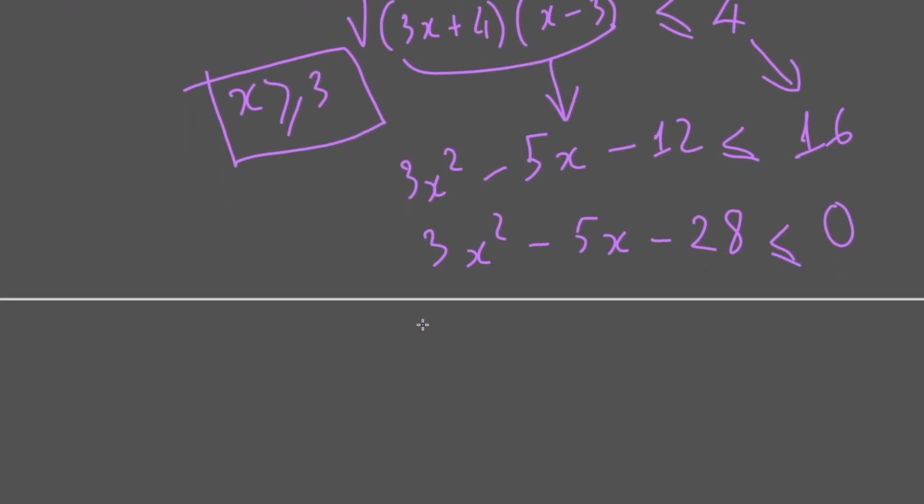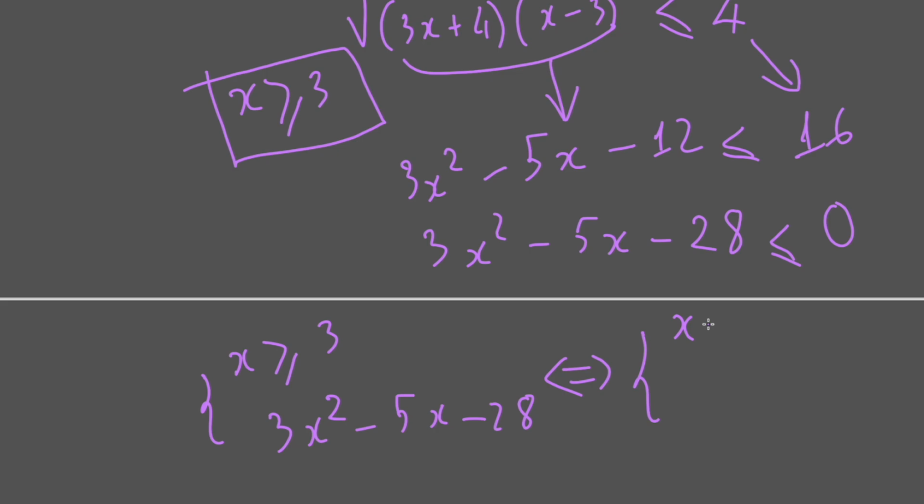So from this expression we will have x greater or equal than 3 and 3x squared minus 5x minus 28, which gives x greater than 3 and negative 7/3 smaller than x and smaller than 4.